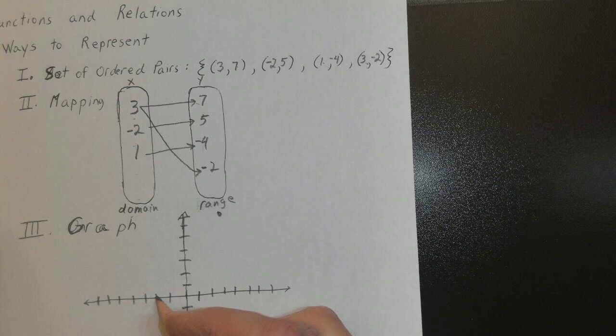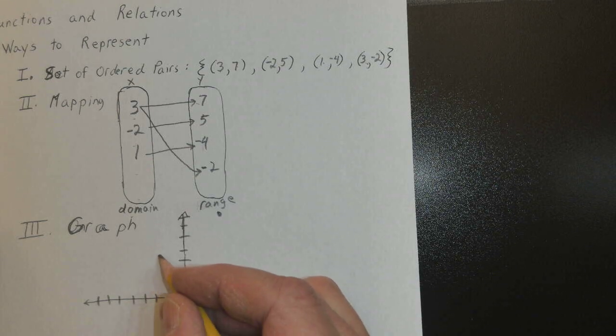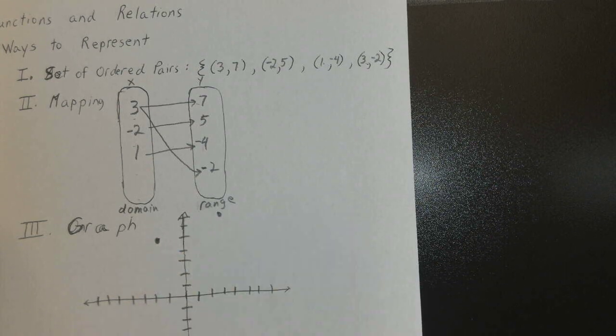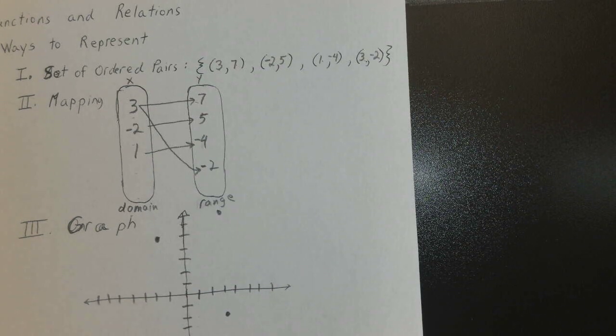Negative 2, 1, 2, 3, 4, 5 is right here. (1, -4). And then (3, -2). Okay. Everybody got them plotted? I'll give you a minute.